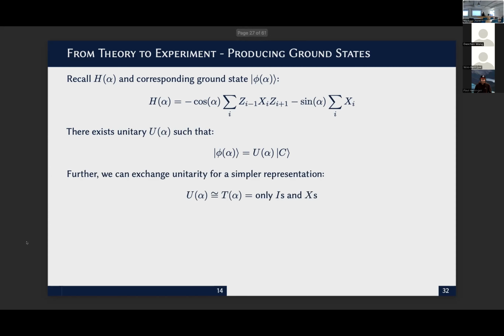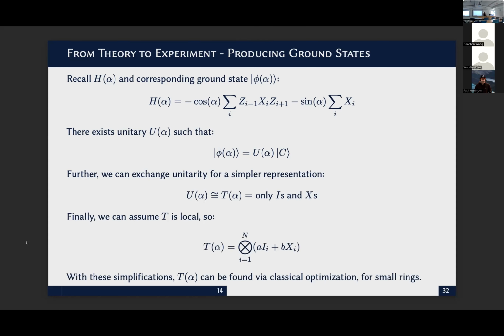But by pulling out cluster state stabilizers from this cluster state, it turns out that I can exchange the unitarity of this operator to obtain a simpler representation of it that only consists of Pauli I and Pauli X observables. So I've reduced the complexity in describing this operator as a first step. Further, at least for small systems, say the 4-qubit ring that we're looking at here, we can make the assumption that T is a local operator.